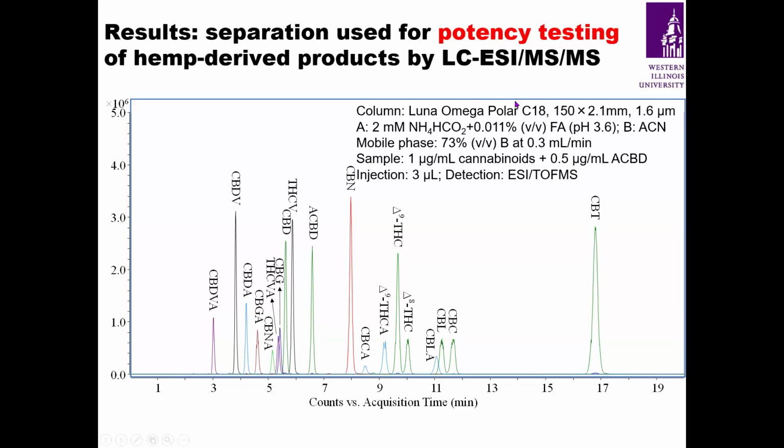However, for potency testing, again, we need the baseline separation of all the structural isomers. They have the same precursor ions. That's including, for example, CBD, ACBD, delta-9 THC, delta-8 THC, CBL, CBC, and CBT.